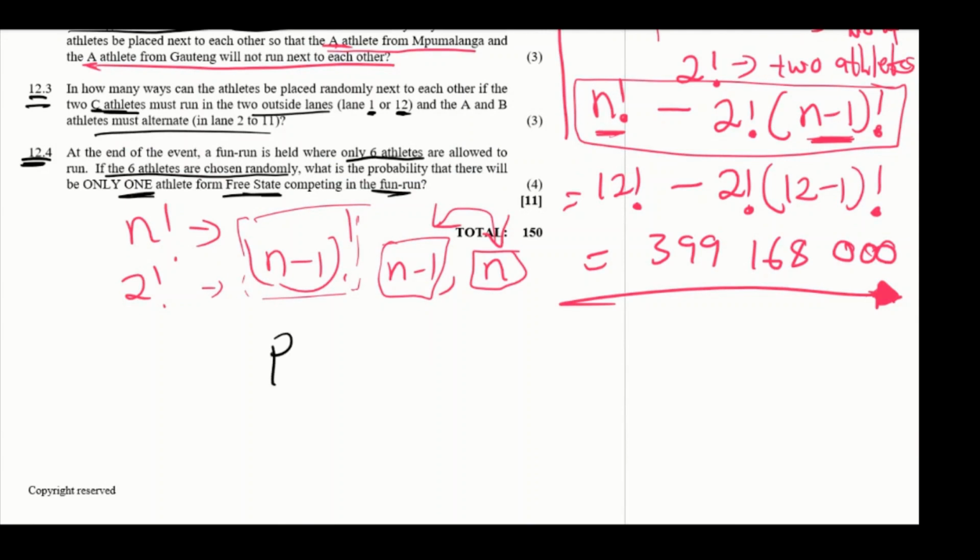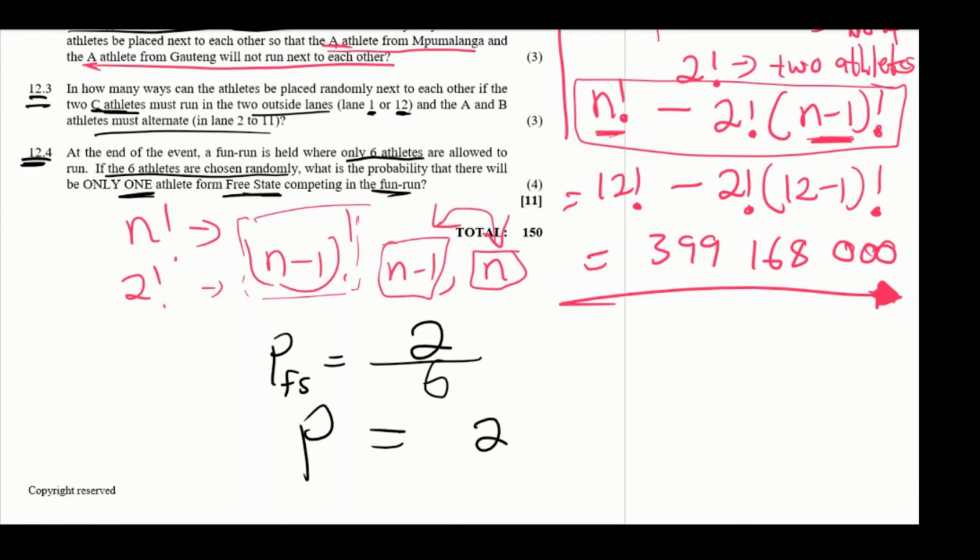So for the Free State, we're going to say out of those 2 athletes, only 1 is going to be chosen, right? So it's going to be the 2 athletes out of a possible 6 athletes. Remember that we want 6 athletes. So P is equals to, so remember the question says, what is the probability that there will be only 1 athlete from the Free State running?